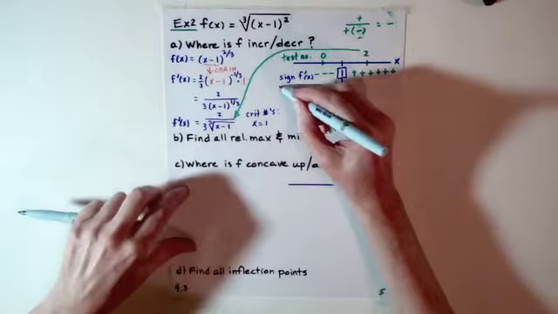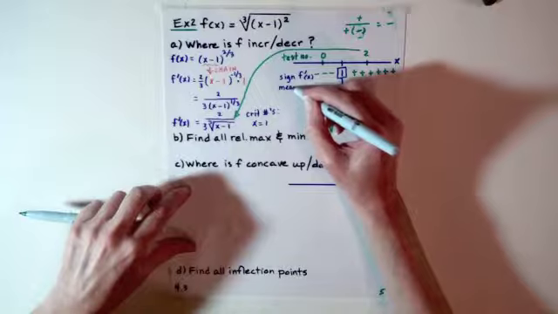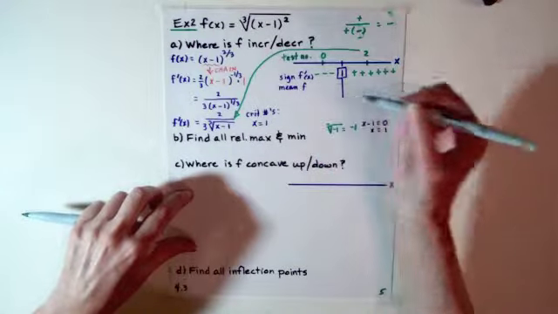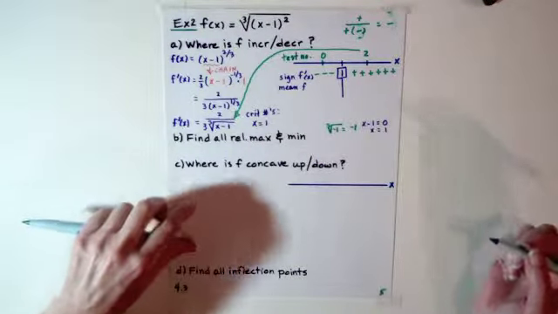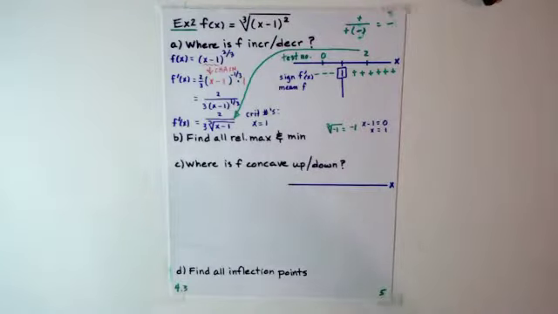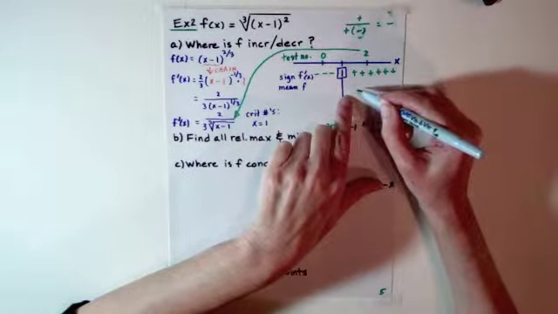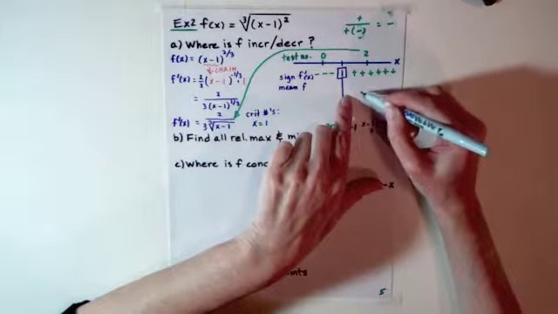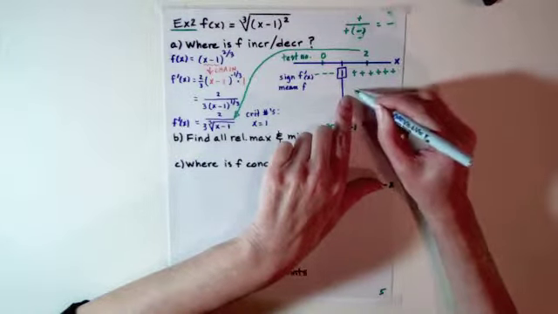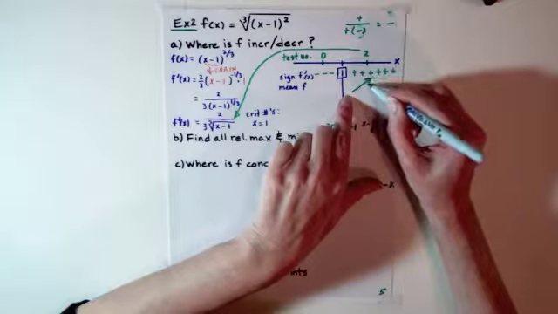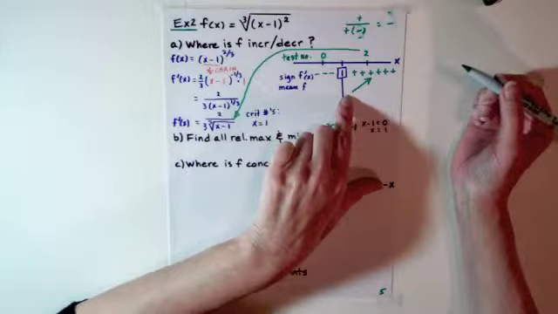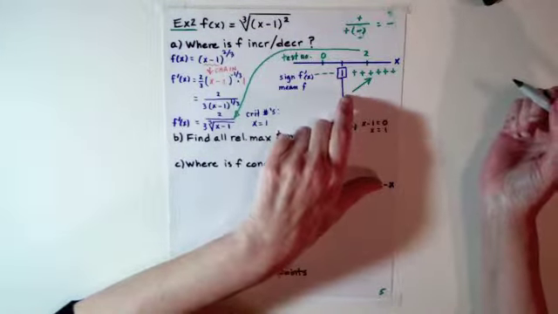Well, what does that mean about the graph of the original function f? Well, we said that if the derivative is positive, that means that f has to be going up. It means you have positive slopes of your tangent lines, and the only kind of function that can do that is one that is increasing. So we just draw a little arrow there.